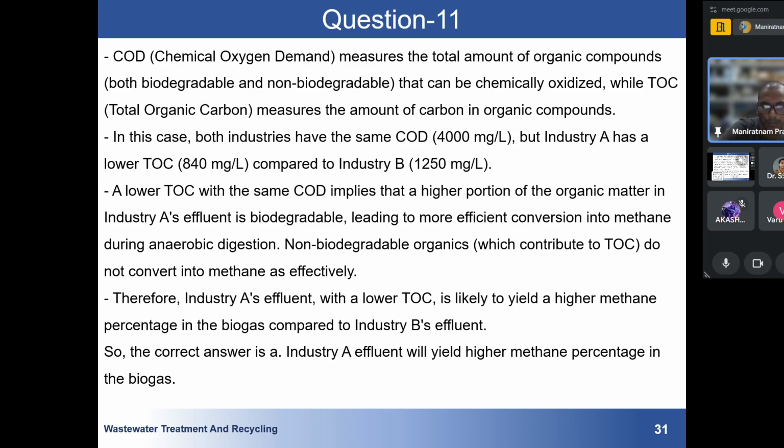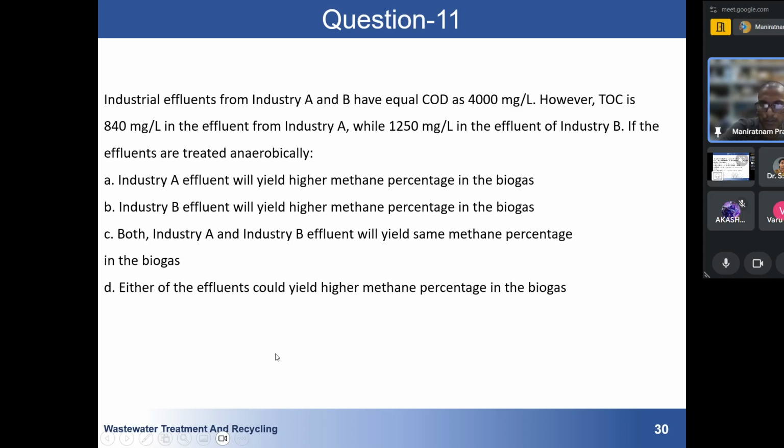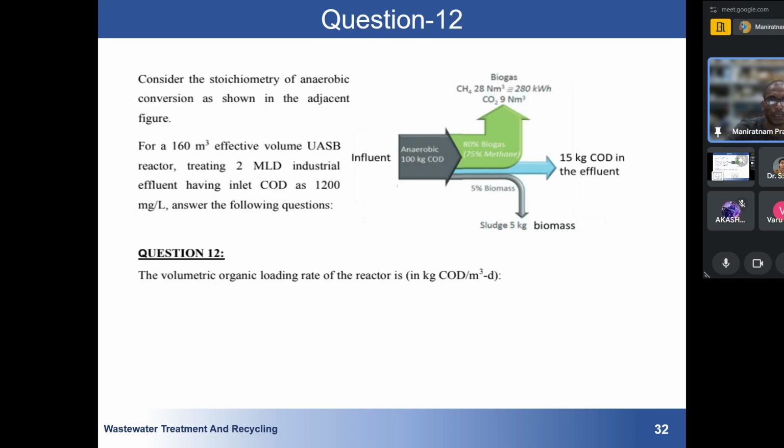I think the answer will be B. I don't remember, but I will recheck it and try to rectify it in the next class. So I'm not discussing this question number 11.